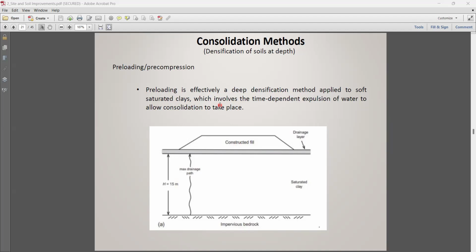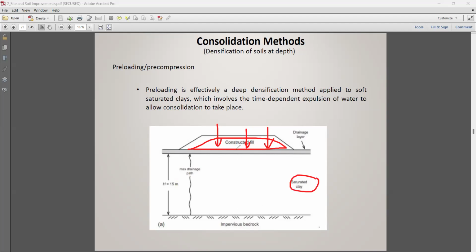Now this is another method, preloading or pre-compression. This is a method that we can use for clay. For clay soils, we load. We fill clay on the top, so that will apply force. You can see the soil type is saturated clay.